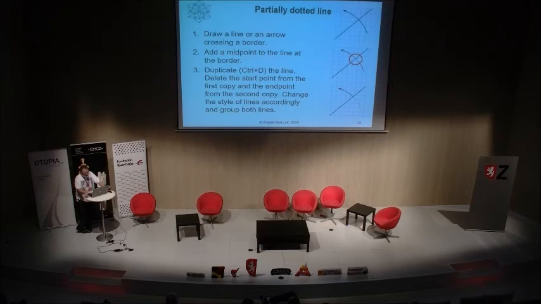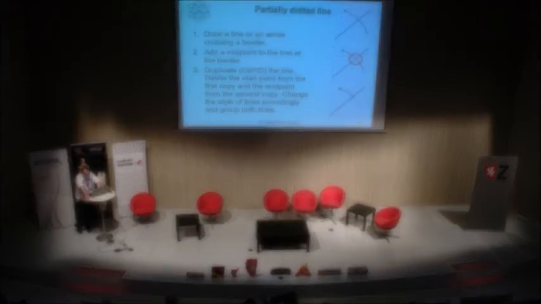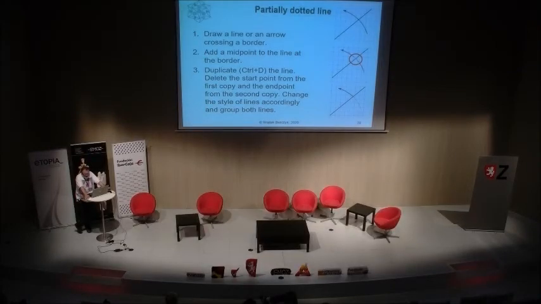First, draw an arrow, then at the midpoint, the border between hidden and visible, duplicate the line, so we have two arrows, one on another in the same position, and we delete the first segment from the one and the last segment from the second arrow.